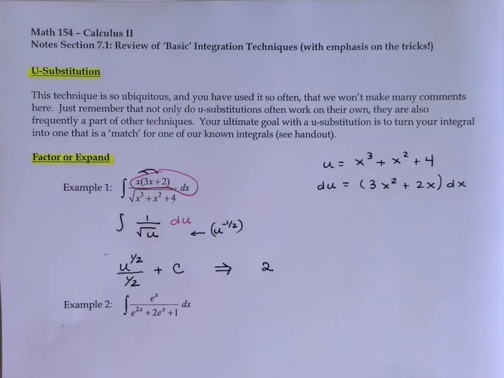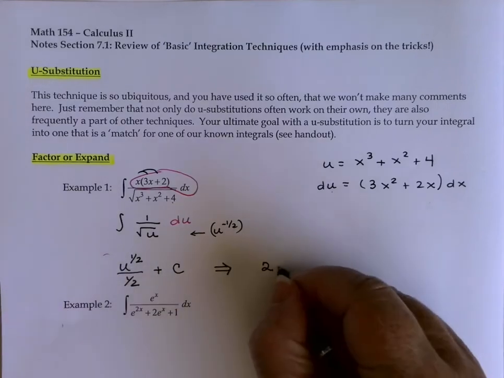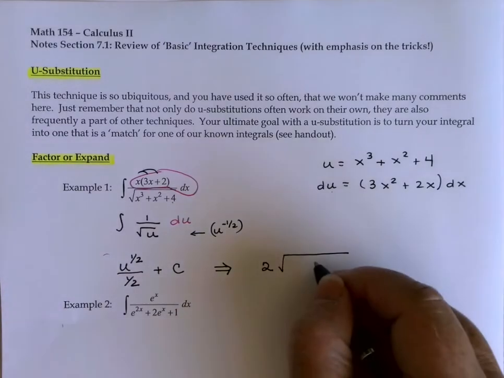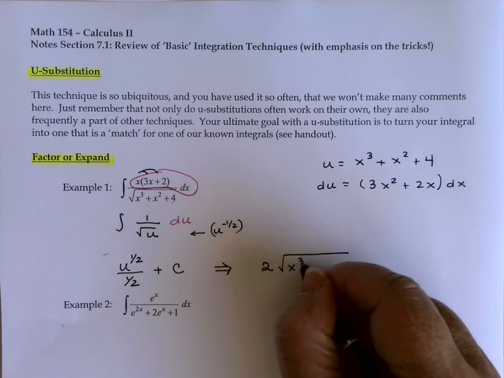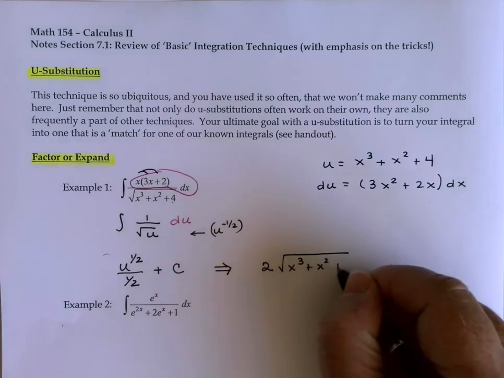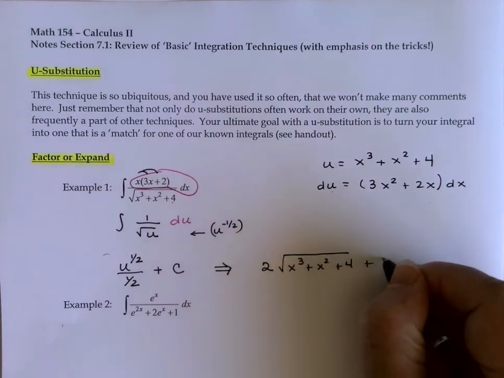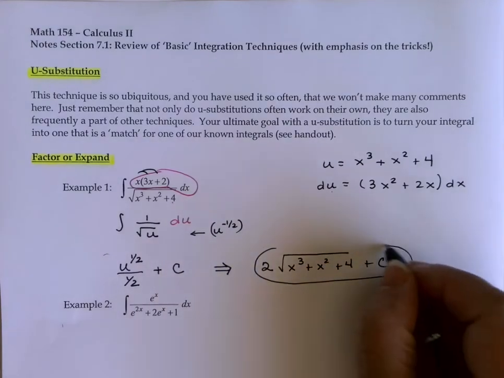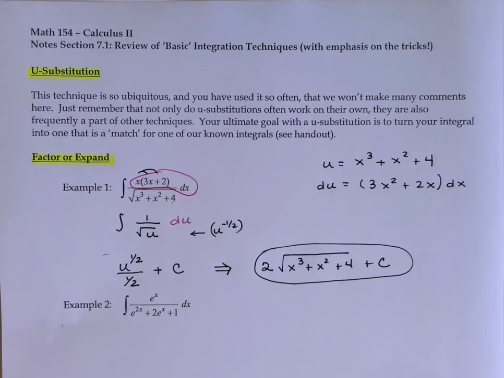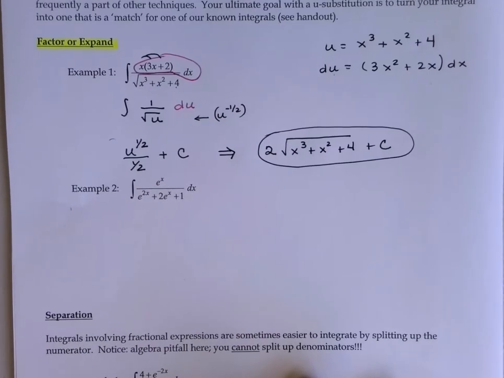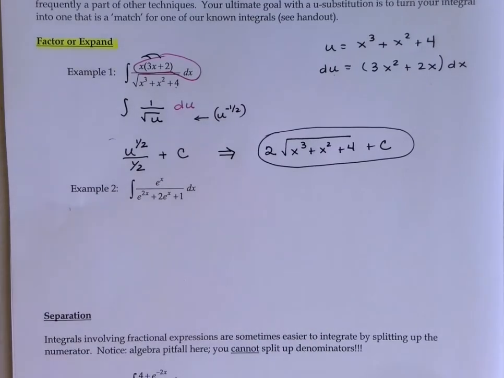So I'd have 2 times the square root, and I'm going to put the u back in. And there's my antiderivative. Okay. So expanding, multiplying something out, just something to consider as you're looking at these problems. The opposite of expanding would be factoring.